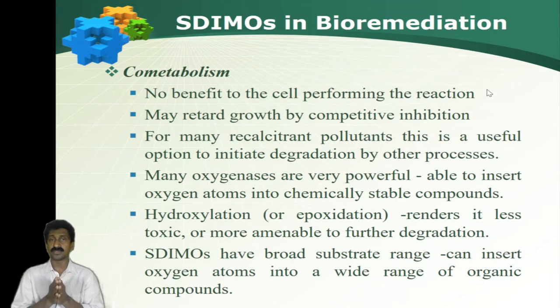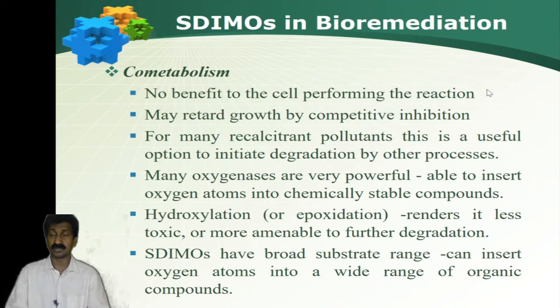So in co-metabolism, the next organisms that come in do this as a byproduct, while the organism works for its own growth. It may require another substrate for normal growth.